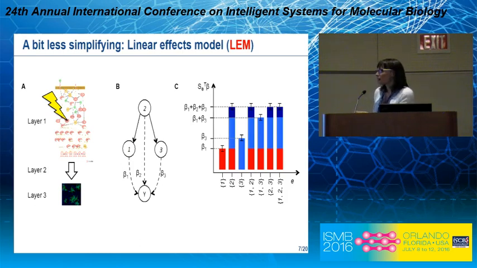So consider an experiment where you only directly target gene 1 in this pathway. When we directly target gene 1, there are no other genes in the pathway to which that perturbation propagates. So you observe as an effect only the contribution of that gene, beta 1, denoted here.